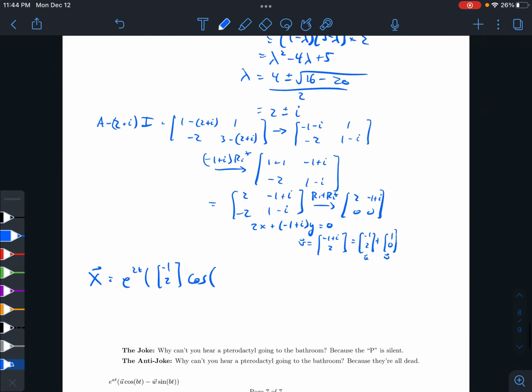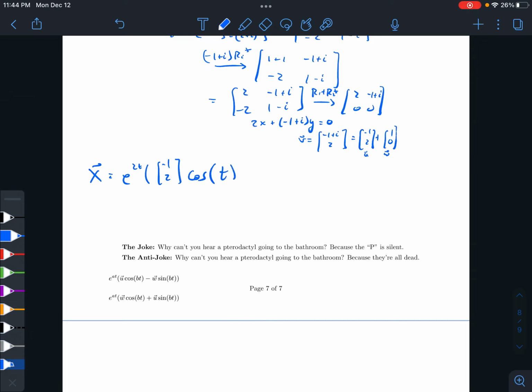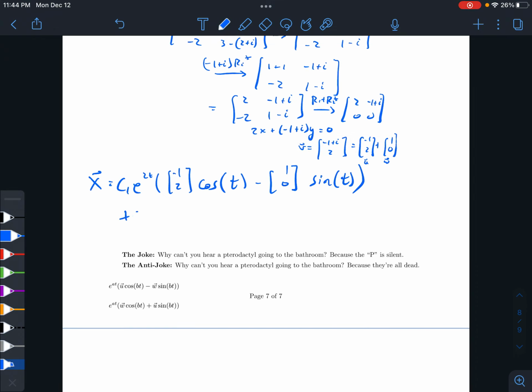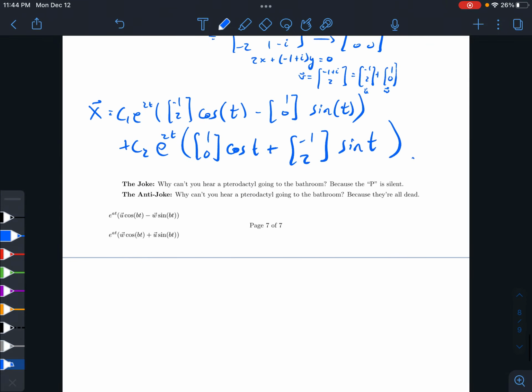Cosine of bt, and b is just 1, minus w, which is 1, 0, sine of t. Okay, and that's our x1, so I should put c1 here, plus c2, e to the 2t, times 1, 0, cosine of t, plus negative 1, 2, sine of t. All right, and we are done.